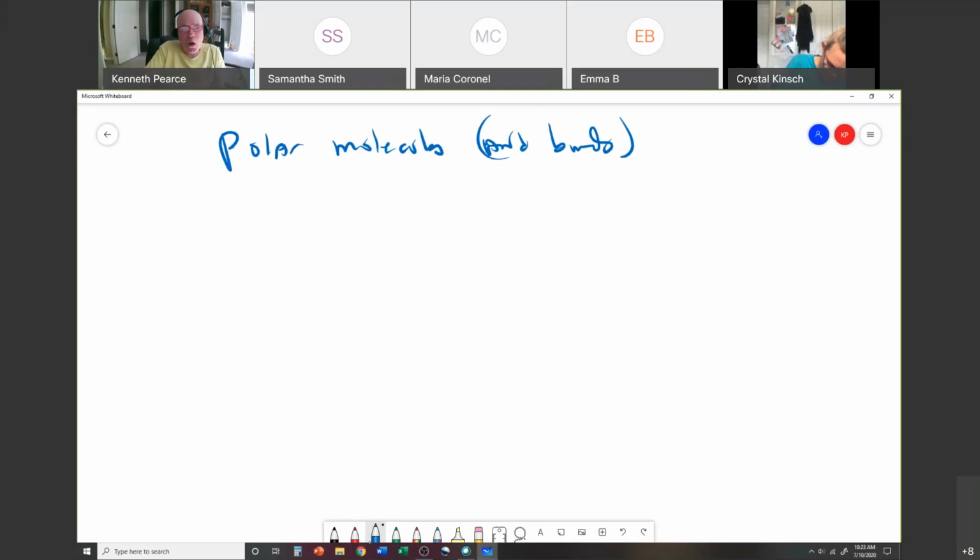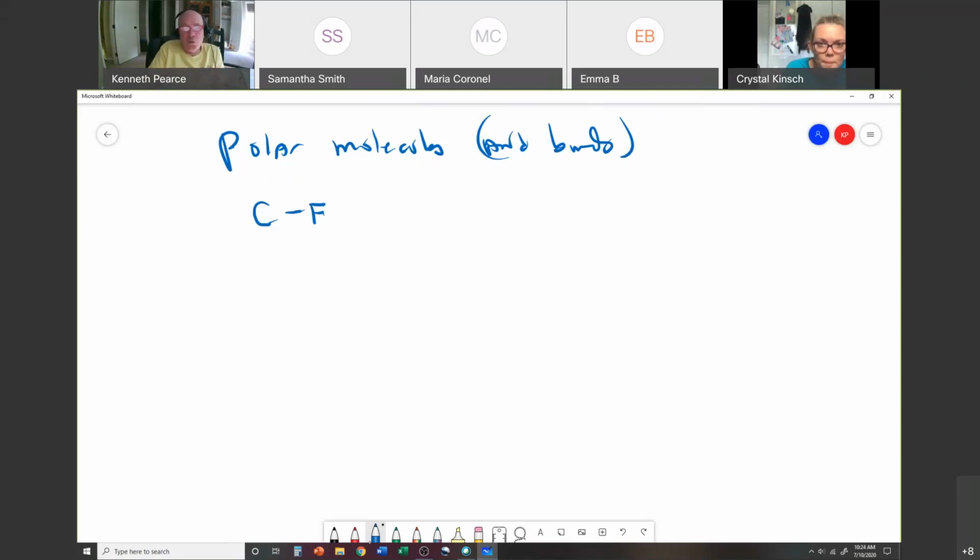How did we know if a bond was polar or not? We would look and see if they're left to right of each other at a first approximation.